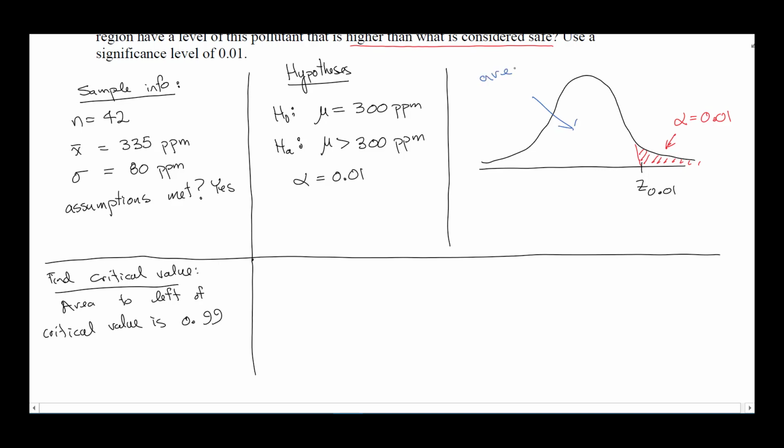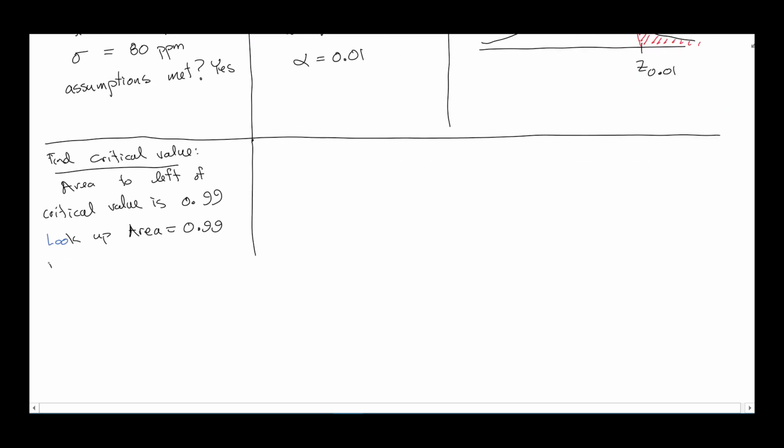You can write it on your picture if you want. We get that by taking the 0.01 and subtracting from 1. So what we're going to do is look up our area 0.99 in our z table.